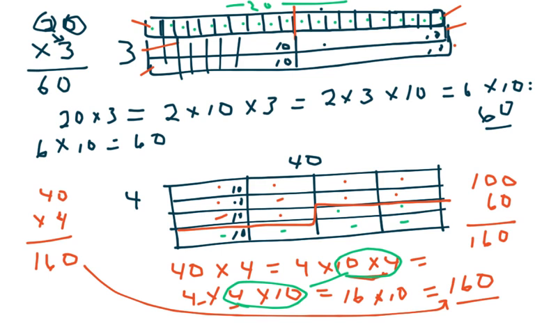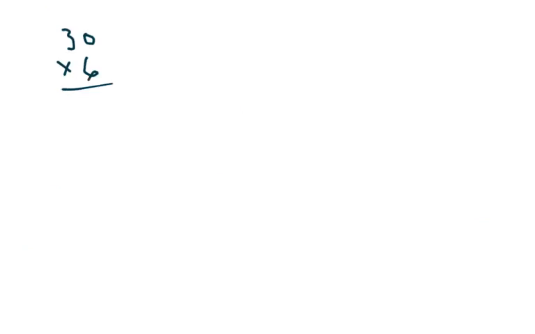So there's a mathematical way to do it, and there's a model for it. Let's look at one just mathematically. You see how to do that. 30 by 6. I'm not going to build the model this time. I'm going to do it mathematically. 30 multiplied by 6, okay? 30 is 3 times 10. We know that. We talked about that. Multiplied that by 6. So this is the 30 times 6.